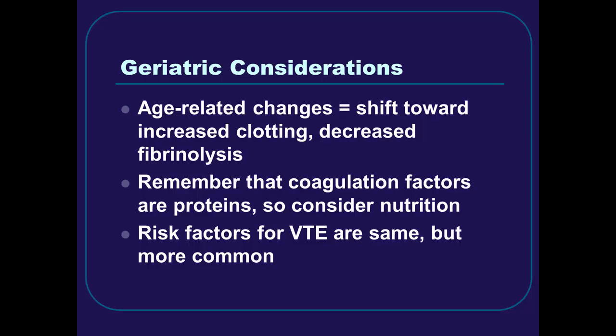So advanced age is a risk factor for the development of thrombus. However, at the same time, there is a decrease in fibrinolysis. So as we get older, we're more likely to clot, and our physiologic clot removal system is less efficient. So that then shifts us more on the clotting side.